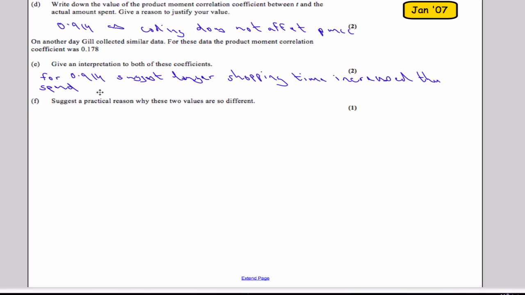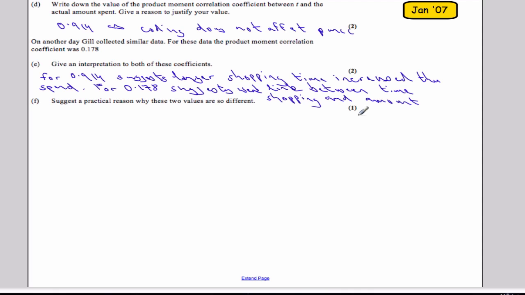Whereas for 0.178 suggests, apologies for the terrible handwriting, suggests no link between, or a weak link should I say, very weak link between time shopping and amount spent.